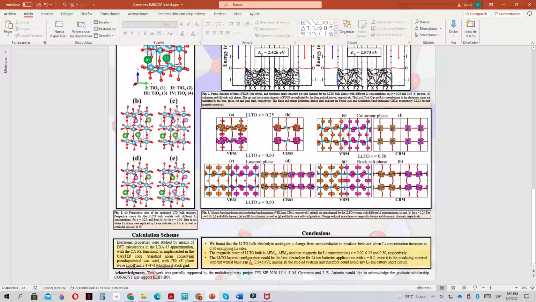Finally, the LLTO layered configuration with x equal to 0.5 could be the best electrolyte for lithium battery applications, since it is the insulating material with the widest band gap, 2.946 electron volts, among all the studied systems, and therefore could avoid any short circuits in lithium batteries.